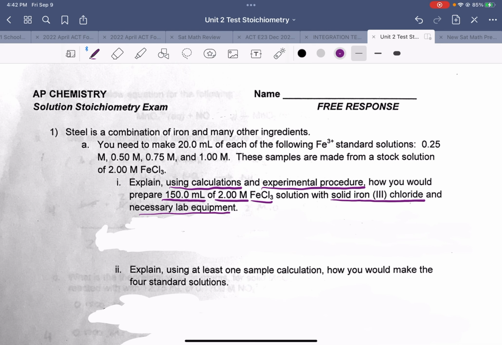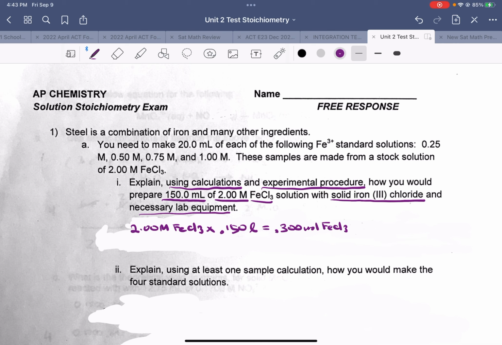So let's start from 2.00 molarity FeCl3, times 0.150 liter will give you how many moles. If you multiply it out, you get 0.300 mole of FeCl3. So that much you need to prepare.